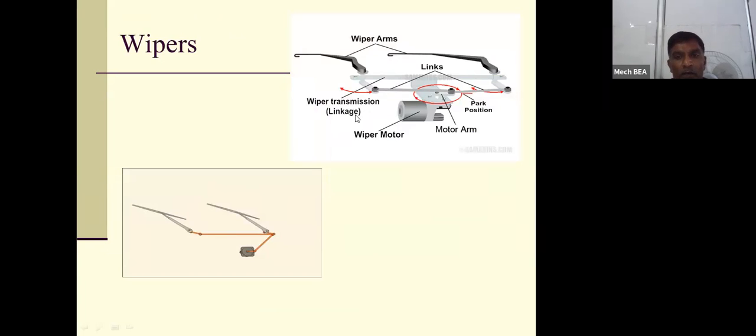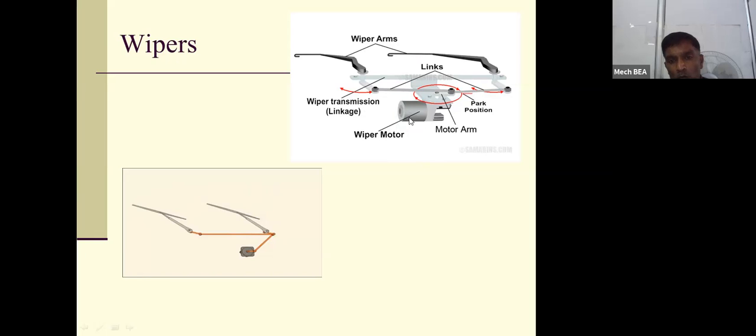Then another device, that is the wiper. You can see this is the mechanism for the wiper. This is the wiper motor. These are the two wipers. This is the linkage, or we can call it the wiper transmission linkage.